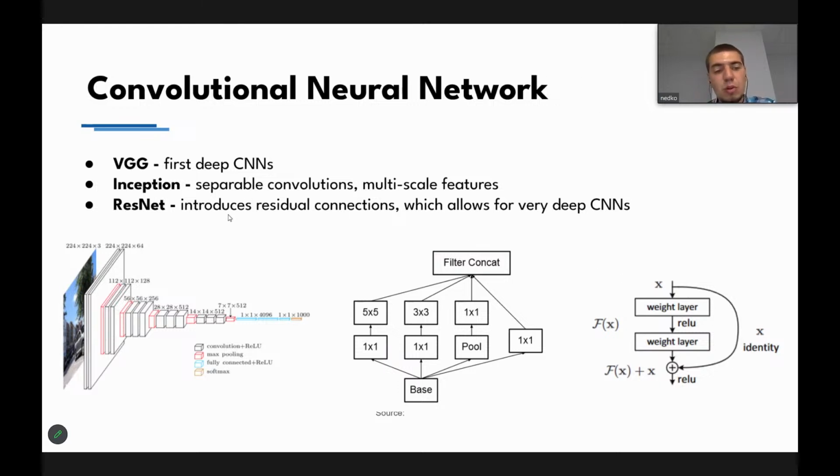So to solve this problem, the authors of ResNet introduced so-called residual connections. You have a number of layers, and you skip over them with a connection from the input just before them. And you say the output here will be X plus whatever the output of all these layers is. And in that case, you can propagate the gradient through this skip connection, through this identity, which really helps with the vanishing gradient problem.